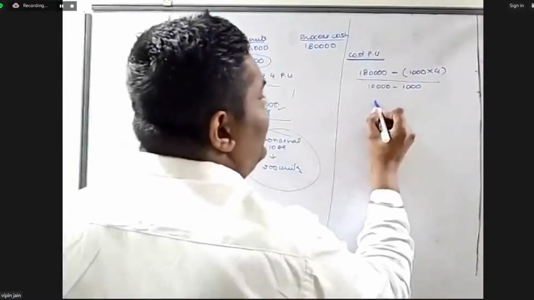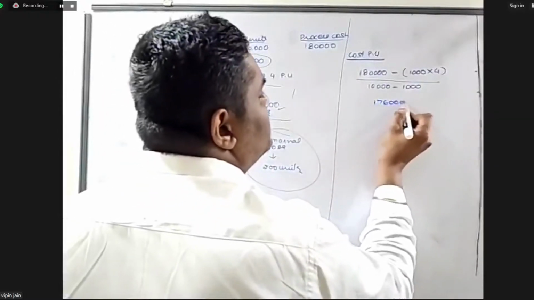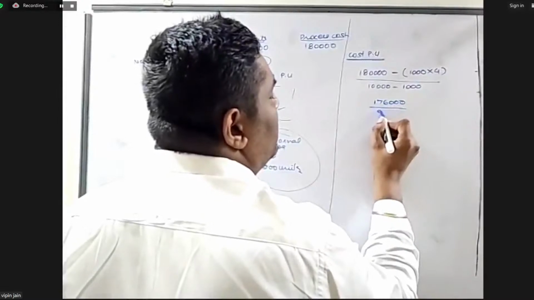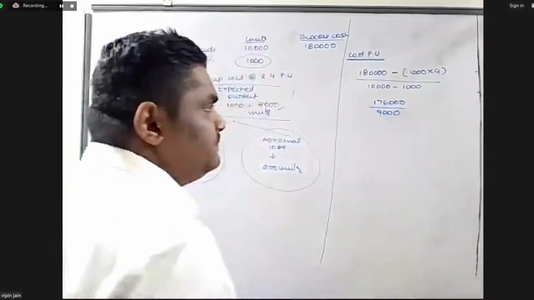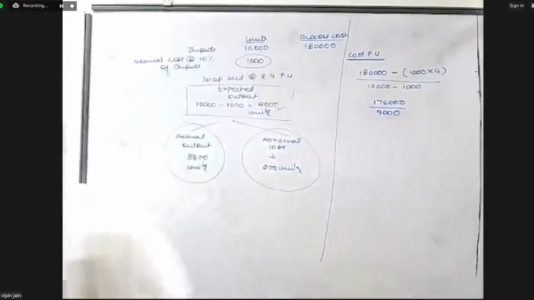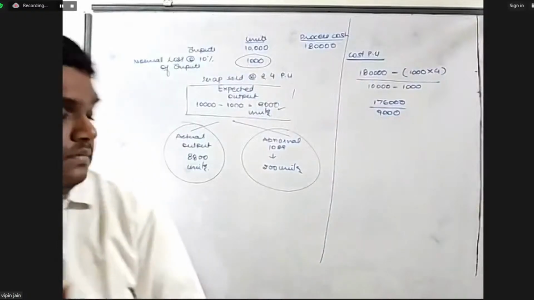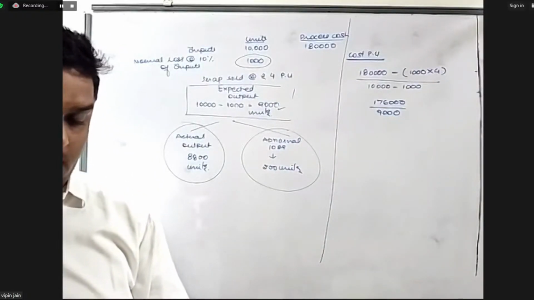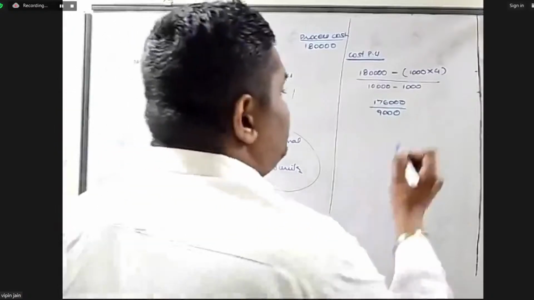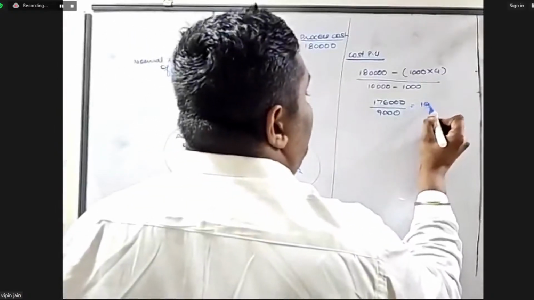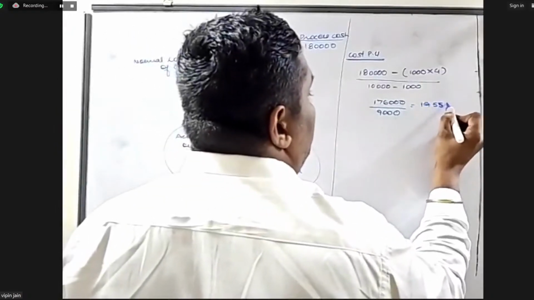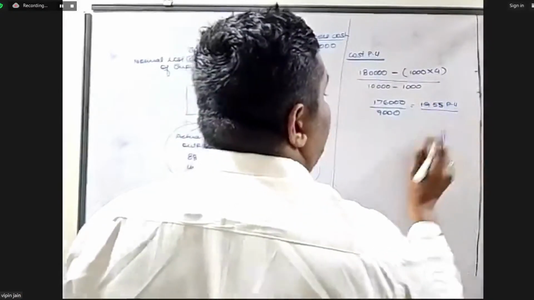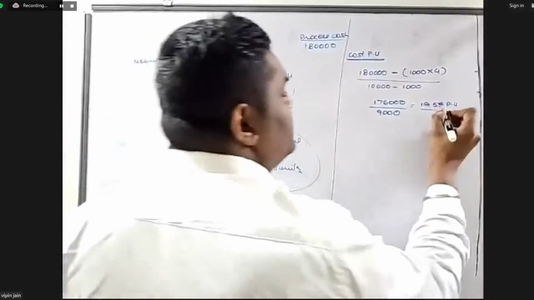So this will be 1,76,000 divided by 9,000 units. So the cost per unit will be 19.55.